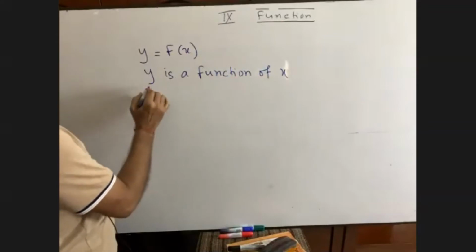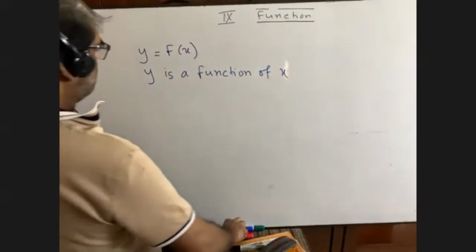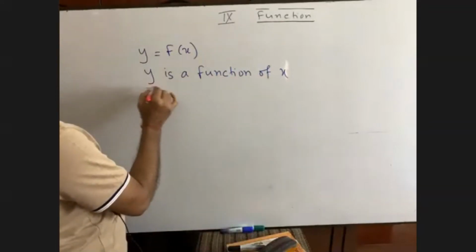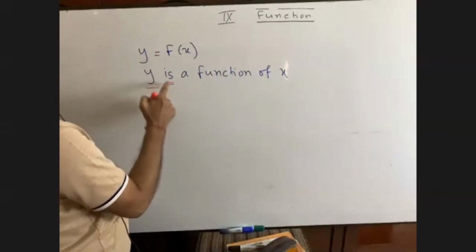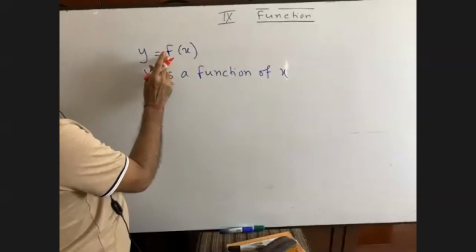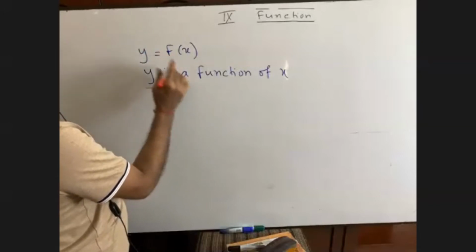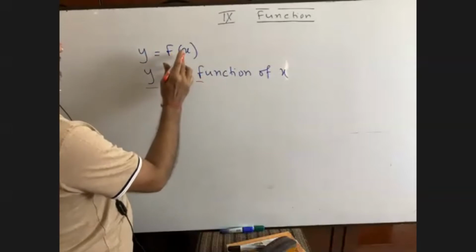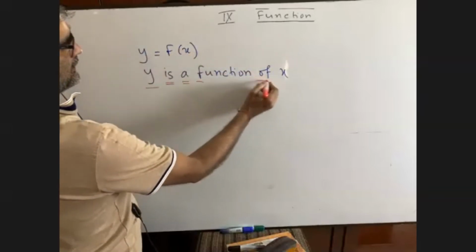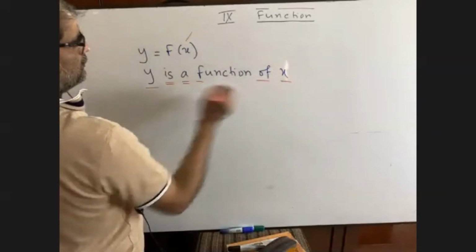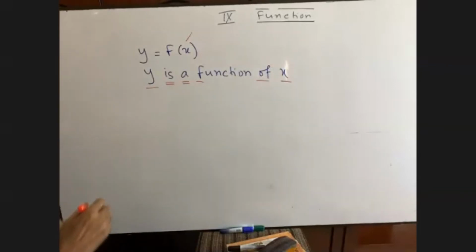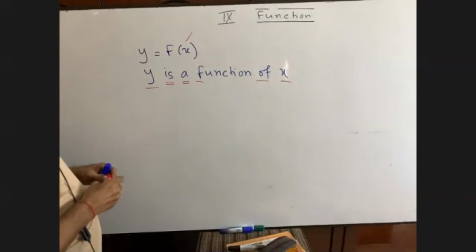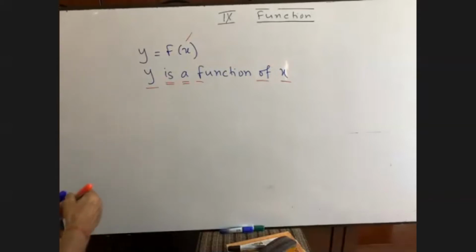Here, the equals sign means "is". Y is equal to f(x), where I have written f for function, of means bracket, and this is x. So y is a function of x. Y is called the function of x.